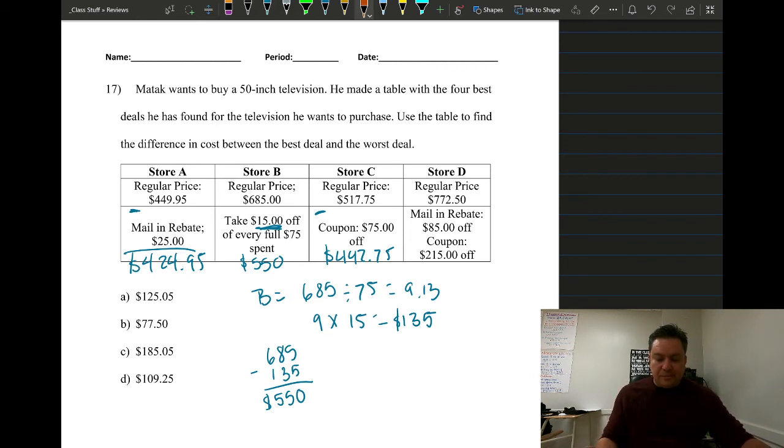Store D, $772.50. You get an $85 rebate in the mail and also $215 off.